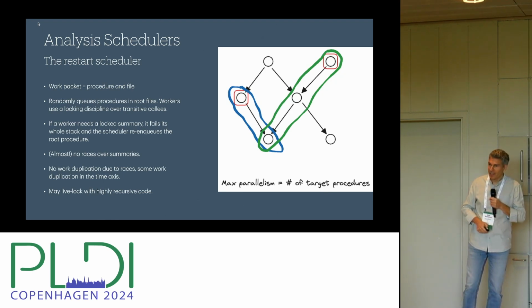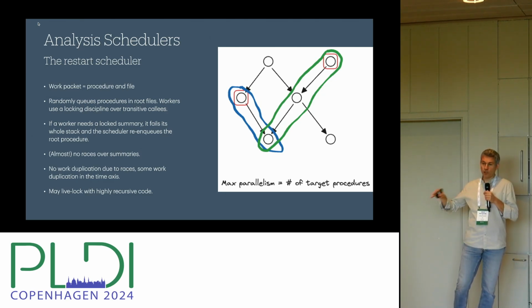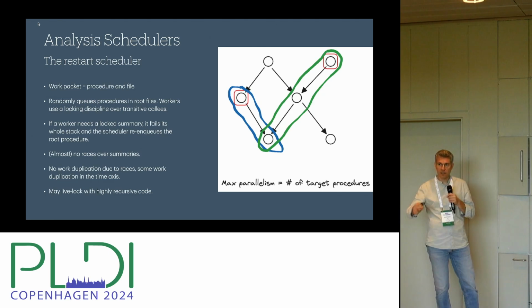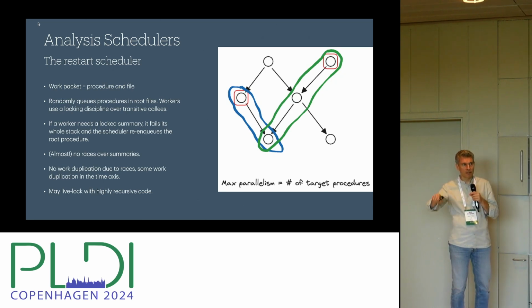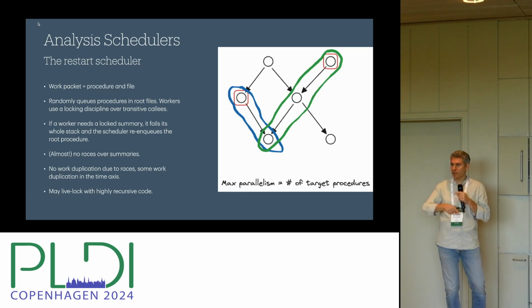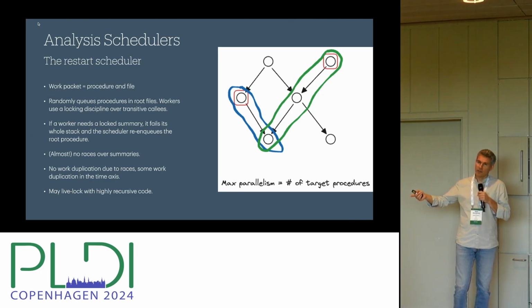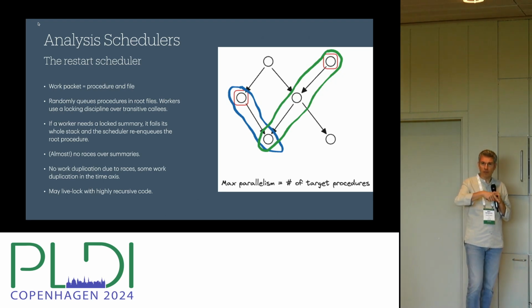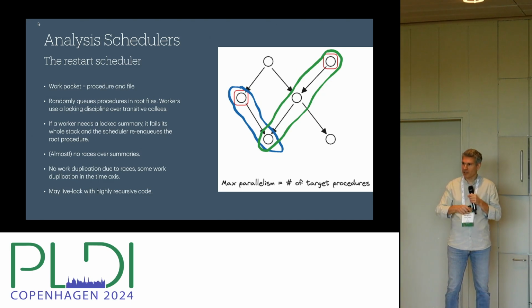Okay, so if you imagine big cycles and two procedures on the cycle on opposite ends getting scheduled to different workers, right? They might go around the cycle, and then realize that both of them cannot progress. Well, it shouldn't happen that both of them do, but it might happen depending on the scheduling.